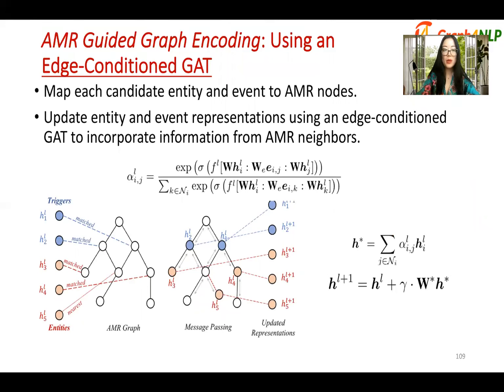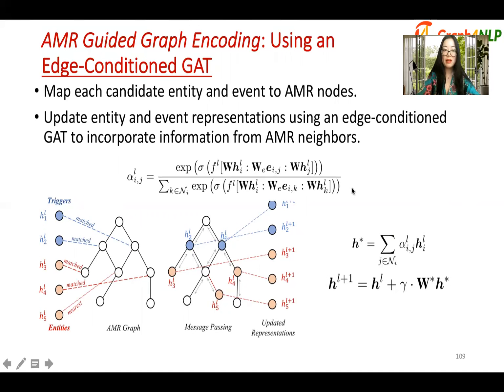So for graph encoding, we consider every candidate entity and event from the AMR nodes, and then we represent them using an edge conditional graph attention network to incorporate information using message passing from the neighbors of each node.